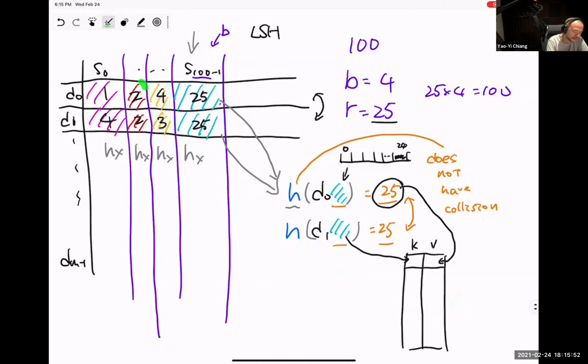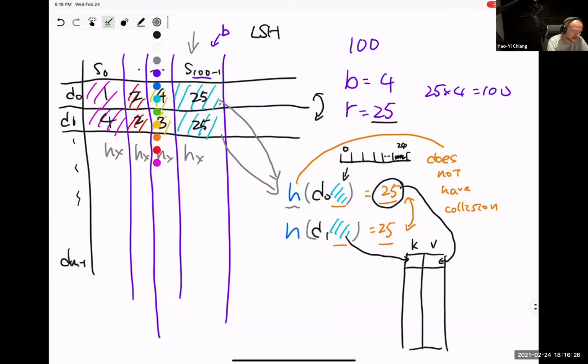How about 2, 2? We know they are the same. 1, 4, we know they are not the same, right? And also, because we know these are the same hash function, we know this block would have the same value as this block, but it doesn't really matter to us because they are at different locations. So for this case, half of the blocks are identical. So we say, all right, these two might be similar. We want to compare them, right? Because more than one block is similar.